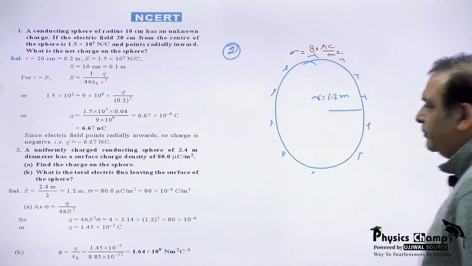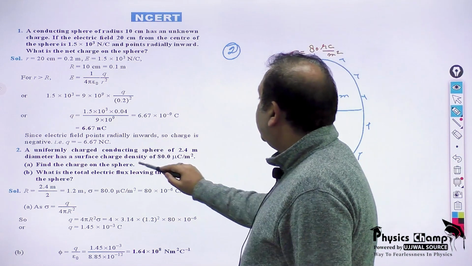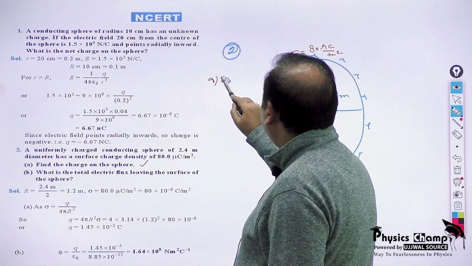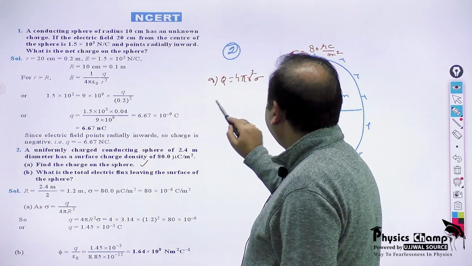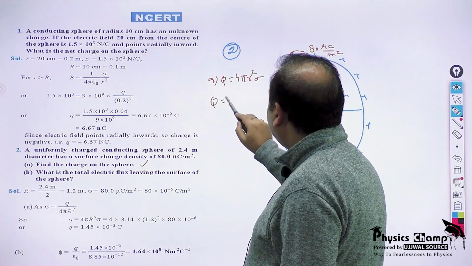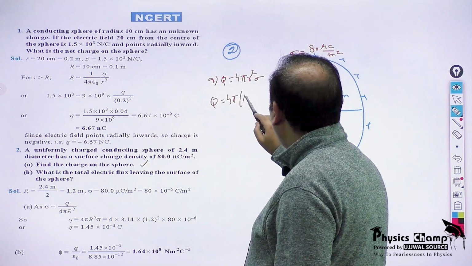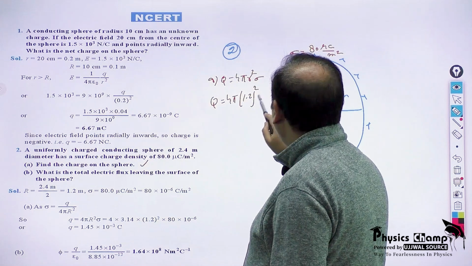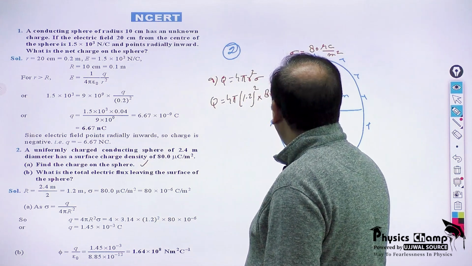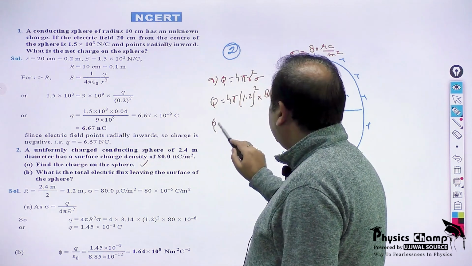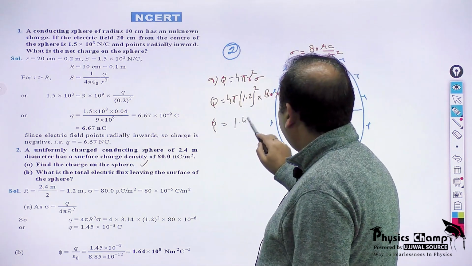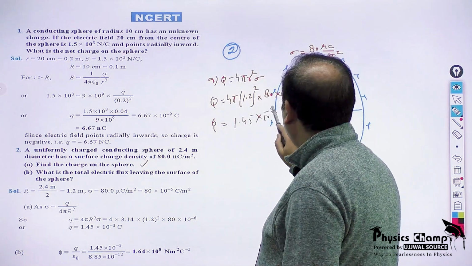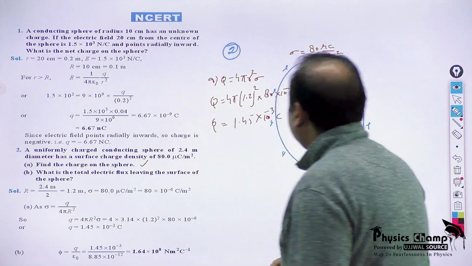What is the charge on sphere? So charge will be 4 pi r square into sigma. So total charge on the sphere will be 4 pi 1.2 square, and charge density is 80 into 10 to the power minus 6. So the total charge will come out to be 1.45 into 10 to the power minus 3 Coulomb. This is the charge on the sphere.